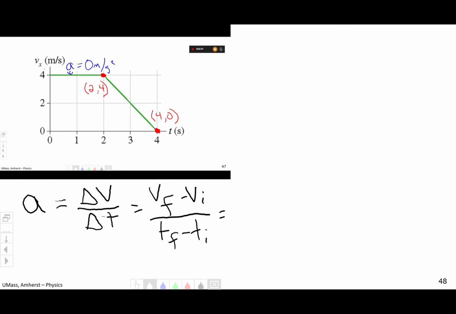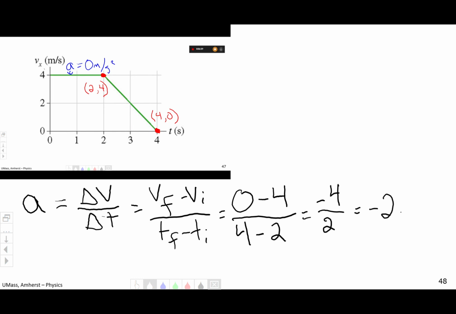So our velocity final is 0 minus our velocity initial of 4, over time final 4 minus time initial 2. That gives us negative 4 over 2, or negative 2 meters per second squared. And that is the acceleration for this segment.